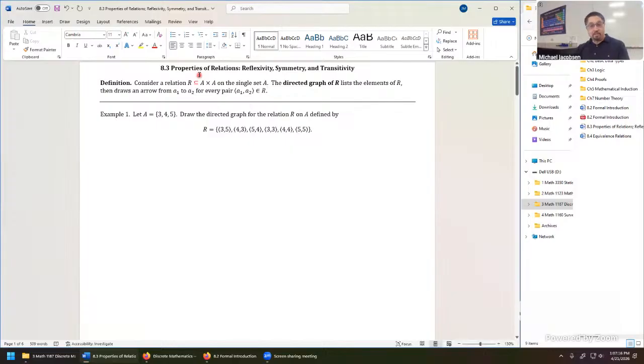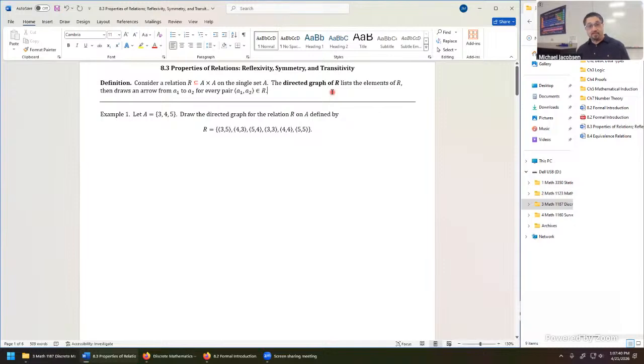So the relation is going to be a subset. It could be the entire cross product, A cross A, on a single set A, and the directed graph is going to consist of arrows that go from A1 to A2 for every pair A1, A2 that's related, or every A1, A2 inside the relationship R as a set.